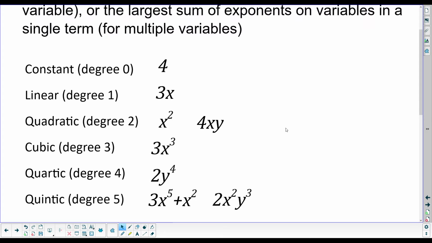Okay, so when we talk about polynomials, we're going to talk about their number of terms, and we're going to talk about their degree. And typically we say the degree part first, and then we say the number of terms after that. So for example, here, this would be a quintic binomial, a quintic monomial, a linear monomial.